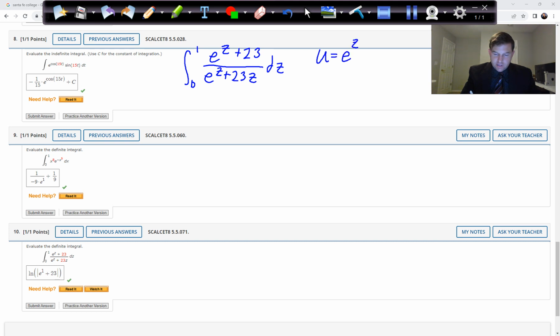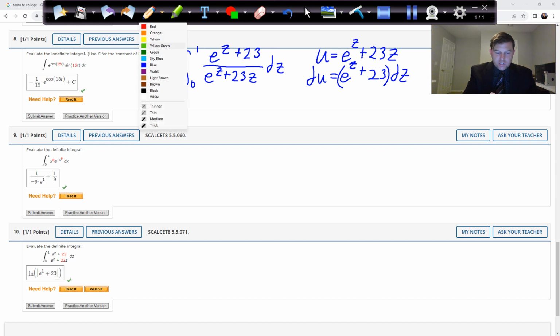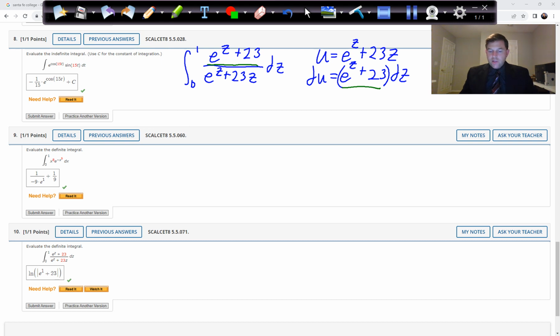e to the z plus 23z, the derivative of that is the same thing, e to the z plus 23, and this is times dz. So I'm going to notice that, oh, interestingly enough, this is the exact same as that. The derivative of e to the z is e to the z, but the derivative of 23z is 23. And then we've got the numerator matching it.